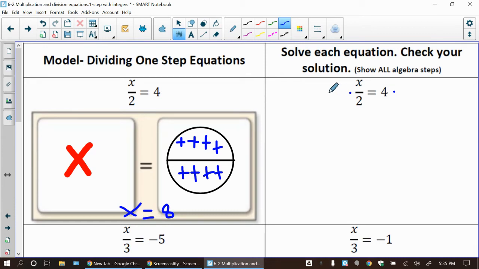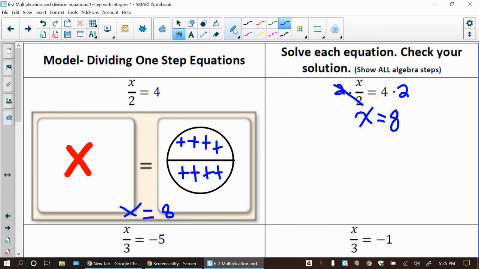We multiply both sides by what x is being divided by, 2, because we want to isolate our x. 2 over 2 makes 1, and whatever I do to the left side, I've got to do to the other side. So I'm left with x on the left, and 4 times 2 is 8.